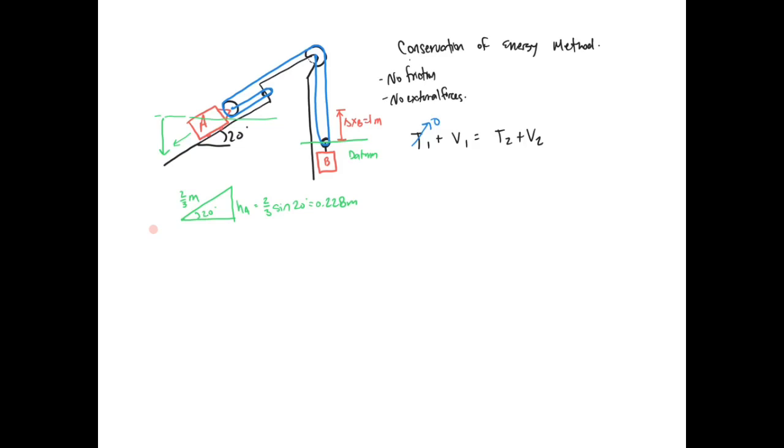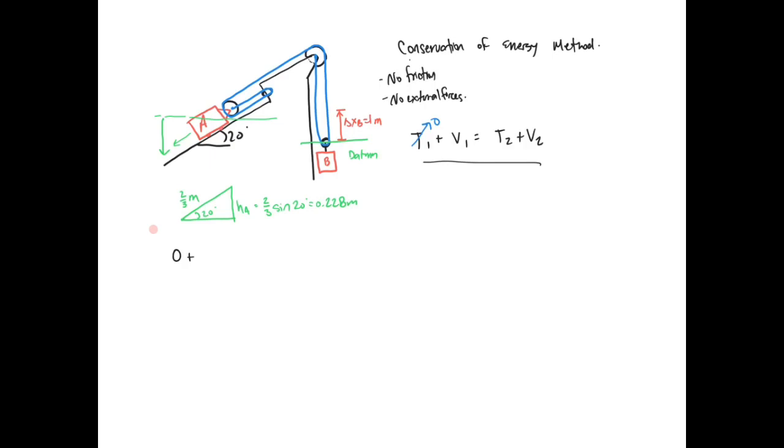So let's plug this into our equation now. Here I'm going to rewrite this equation. The T1 is already 0, so 0 plus the potential energy, and here we're looking at the entire system at once. V1 is equal to the potential energy of block B at that initial moment.